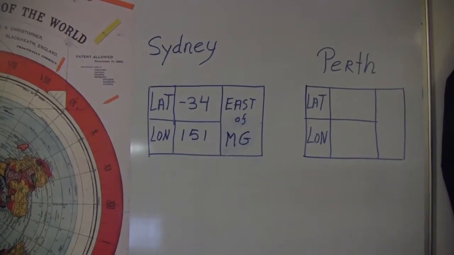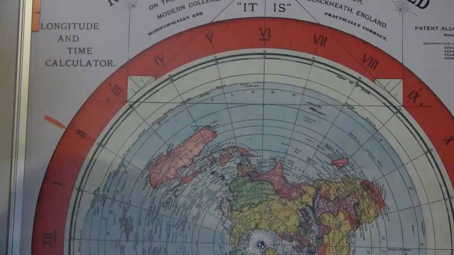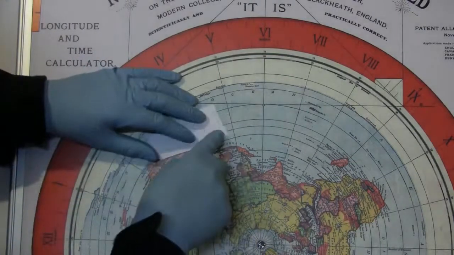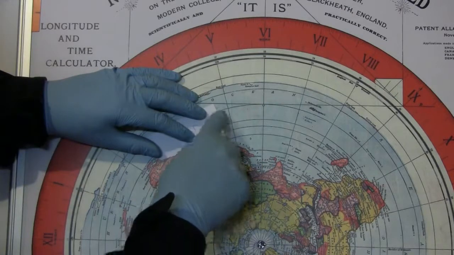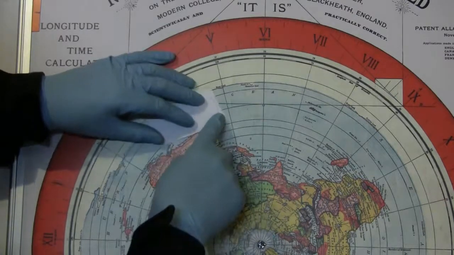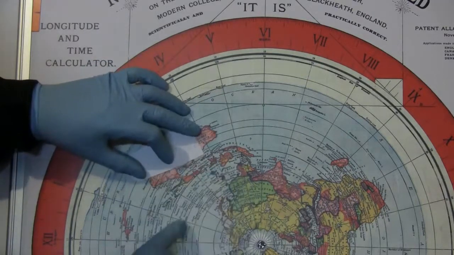So now we have to find the coordinates for our second location. So we have the same piece of paper dividing the latitude lines in degrees. So each one of them is 15 degrees. And now we're going to measure the distance to Perth.